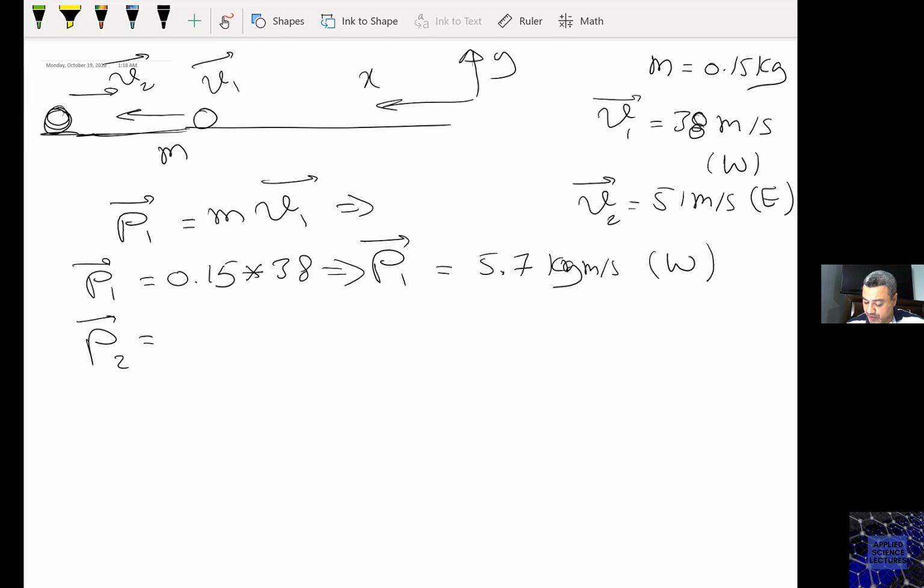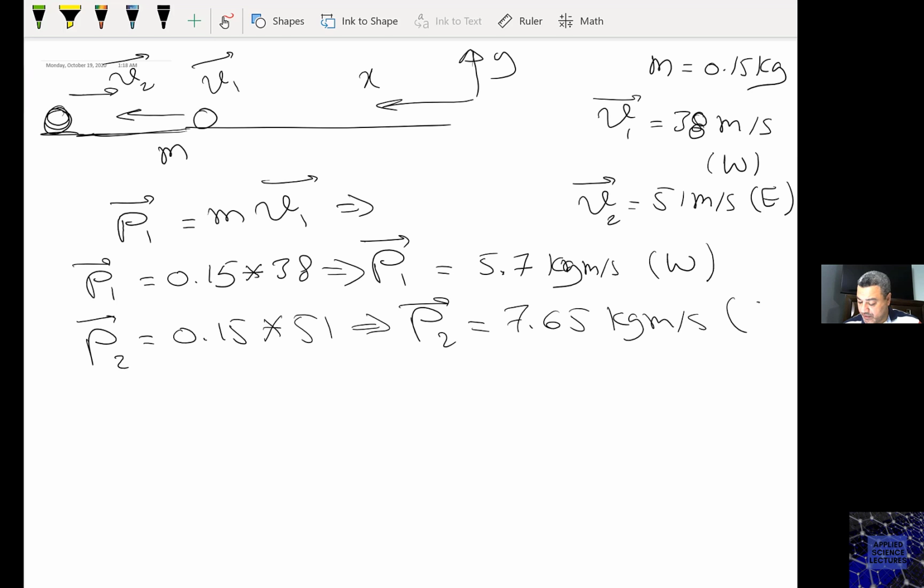P2 is 0.15 times 51. P2 is 7.65 kilogram meter per second east.